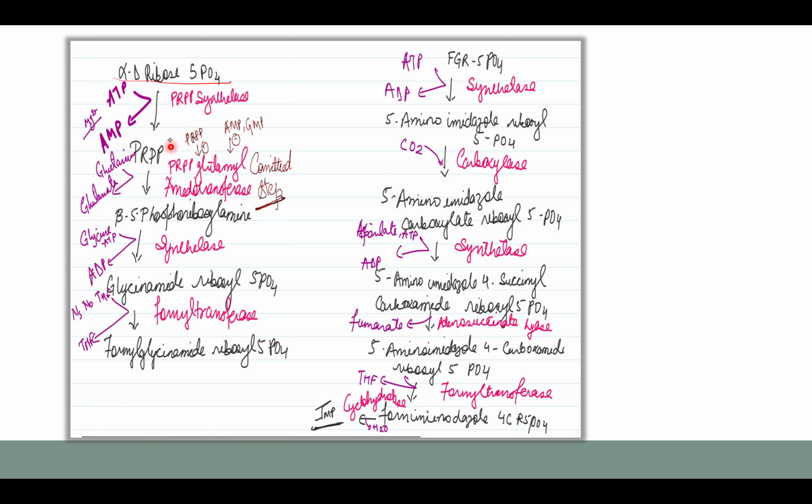PRPP gets further converted to beta 5 phosphoribosylamine in the presence of the enzyme PRPP glutamyl amidotransferase. This step is a committed step and utilizes glutamine and converts it into glutamate, giving one molecule of amide. Beta 5 phosphoribosylamine, in the presence of synthetase enzyme, forms glycinamide ribosyl 5 phosphate, adding a glycine molecule to the substrate.